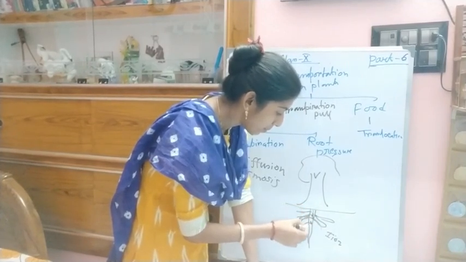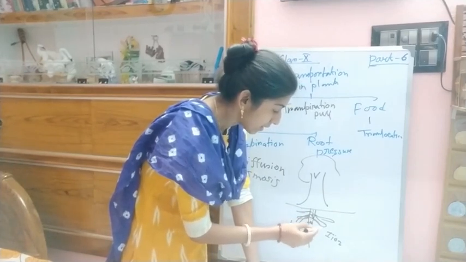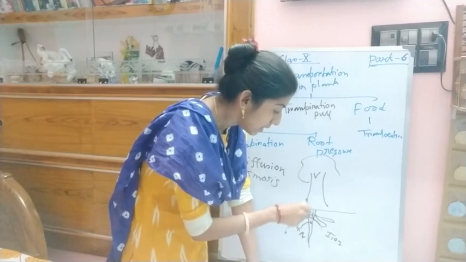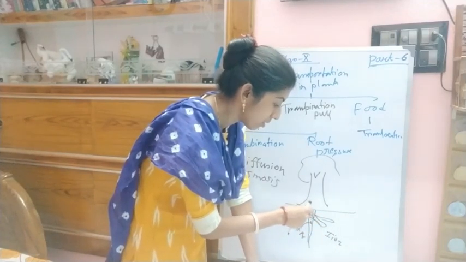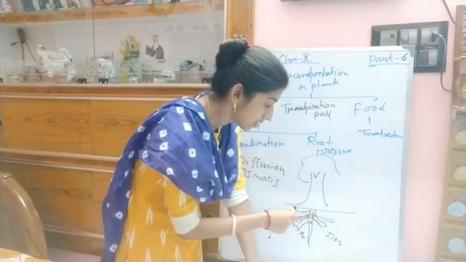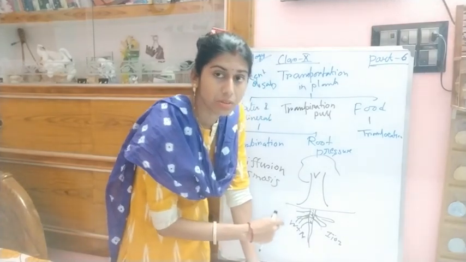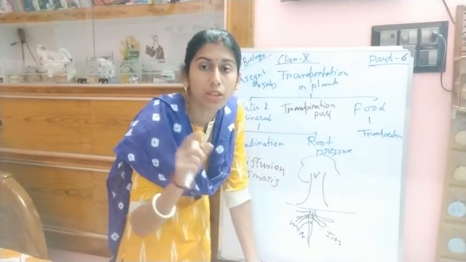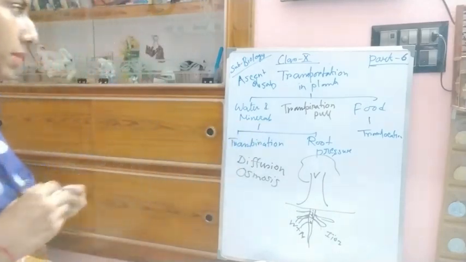So the water will move to the lower concentration part through osmosis, and due to the inward movement of ions, pressure is created inside the root, and due to that water can be pushed inside the root. That is called root pressure, and that root pressure is also helping in transportation of water and minerals.